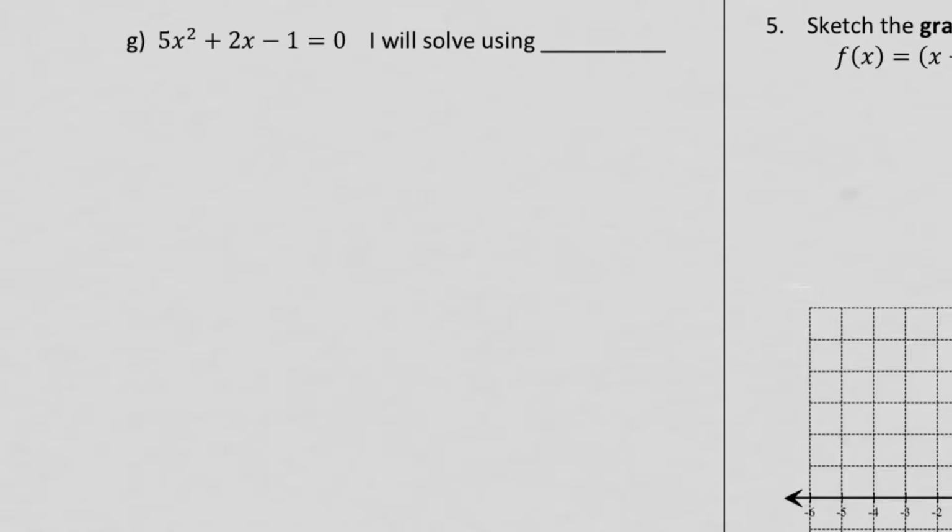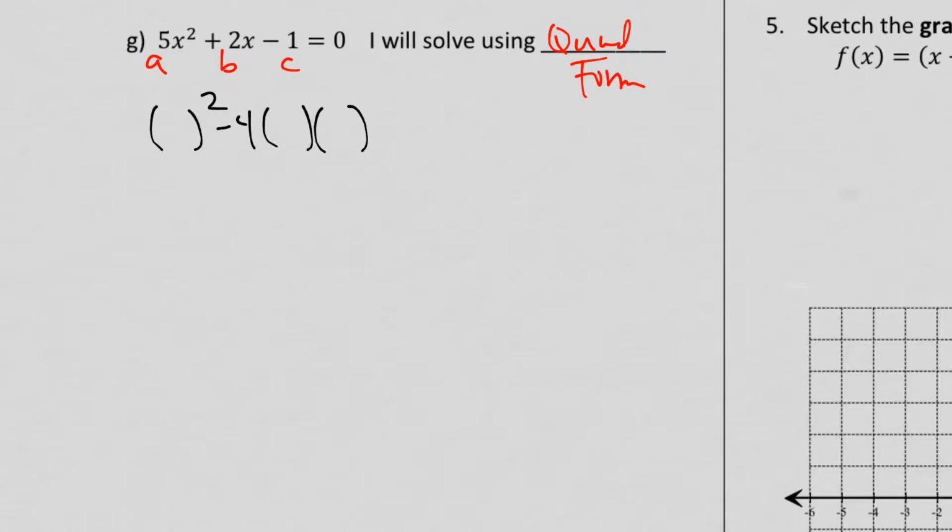Okay, 3G. So in this case again, I'm going to give the quadratic formula a shot, just because I know it's going to work. So here A equals 5, B is 2, C is negative 1. So doing the discriminant, B squared minus 4AC.